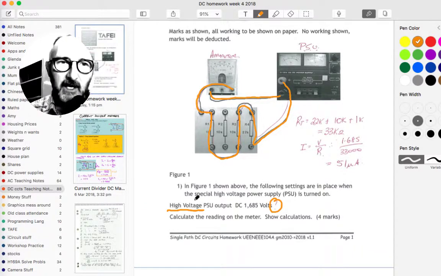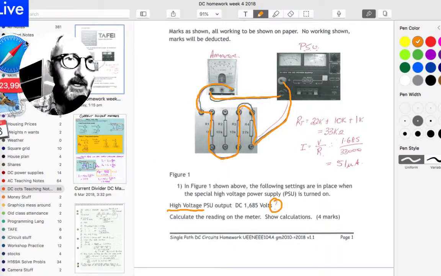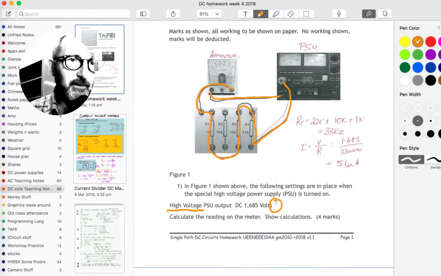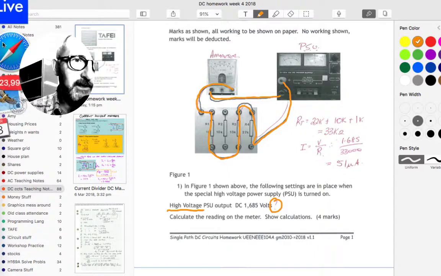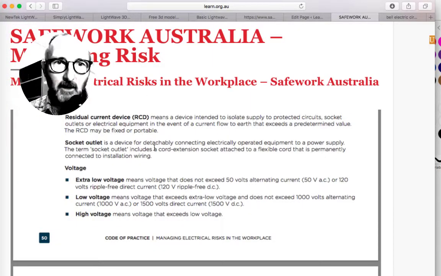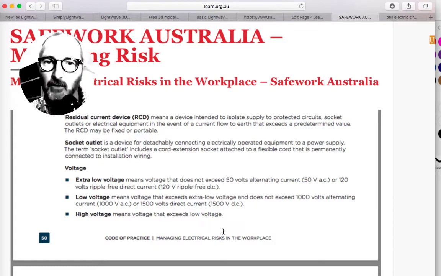And I'll just take a moment to go and have a look at what that high voltage means. If we go into here and we look at Safe Work Australia under Managing Risks, and you'll find this in many of their other documents, but this is a code of practice for managing electrical risks in the workplace. And we have high voltage.